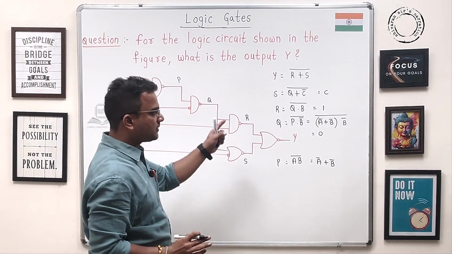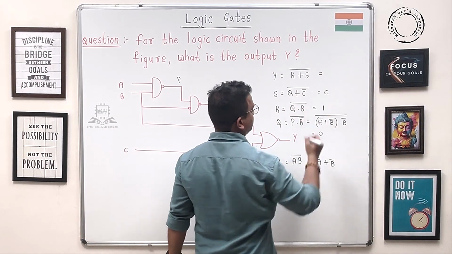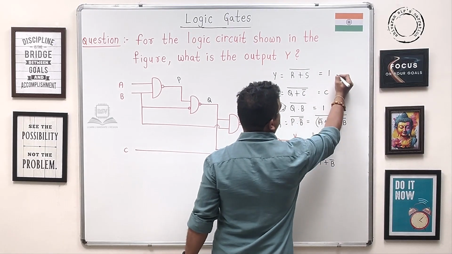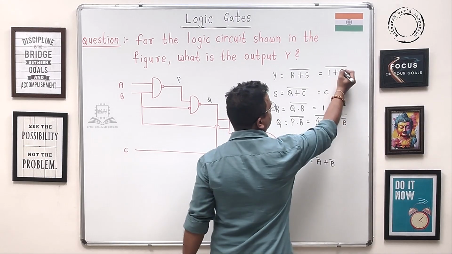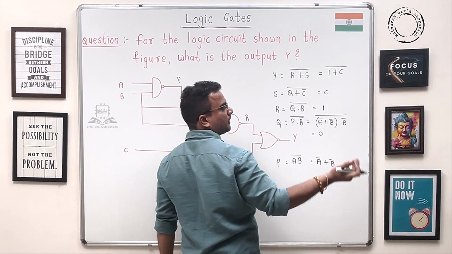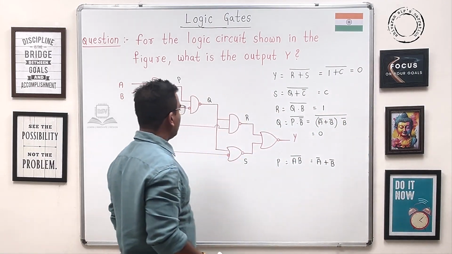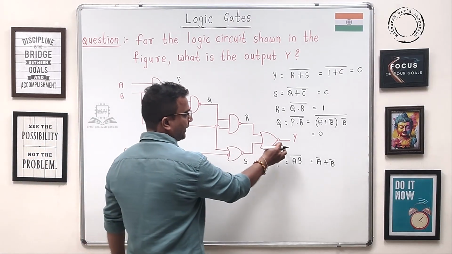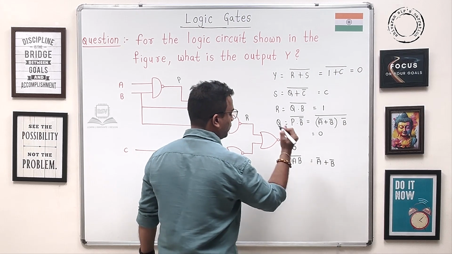Now S is C. If you take the output expression Y, then it is (R, 1, plus C) whole bar, 1 plus anything is 1 only, 1 bar is 0. That's it, guys. So for this given design, the output expression Y is always 0 only.